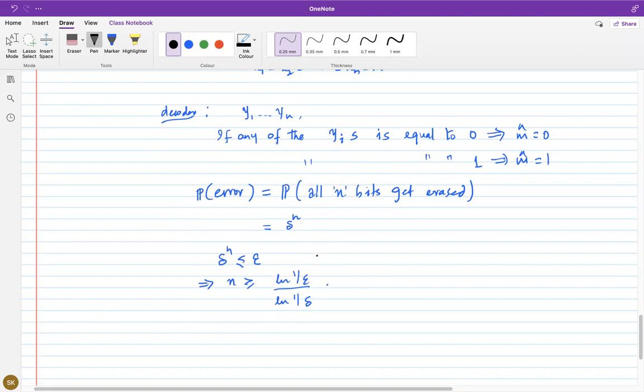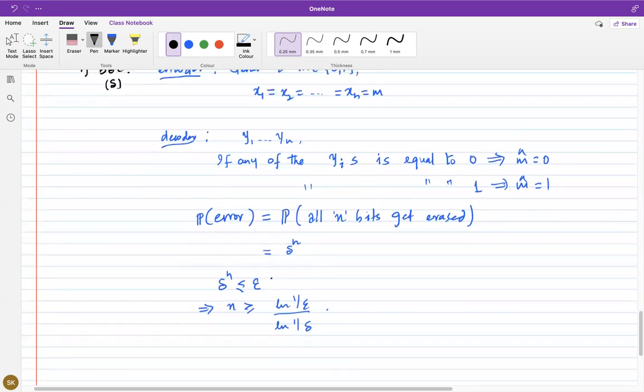Okay, by reliably again I mean that you want to receive things most of the time, that is 1 minus epsilon there.